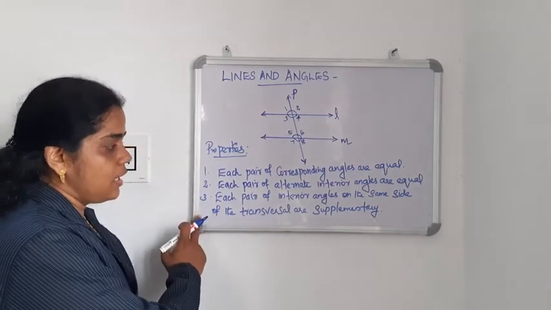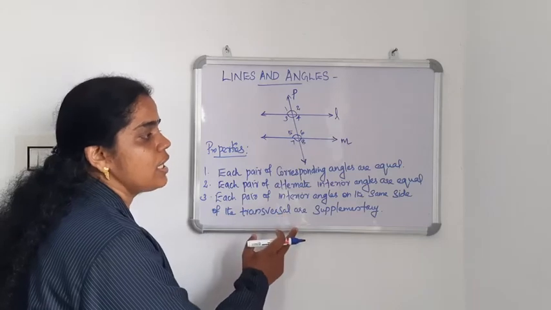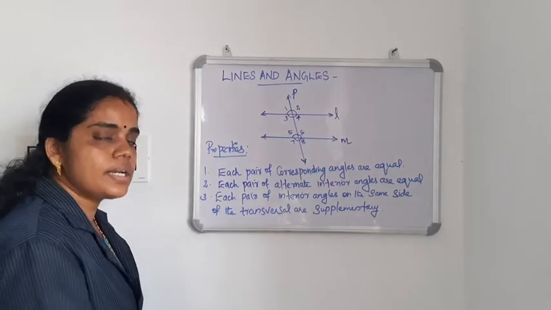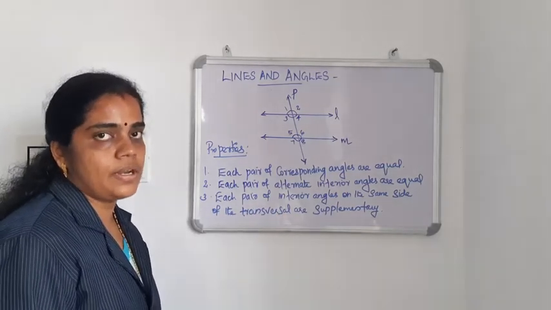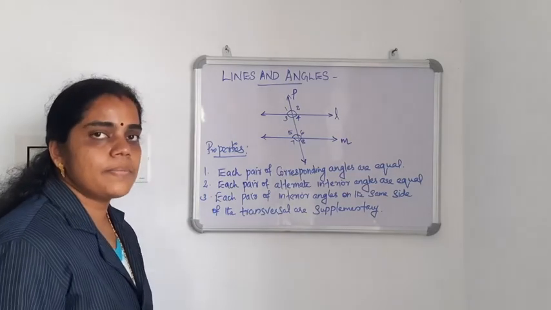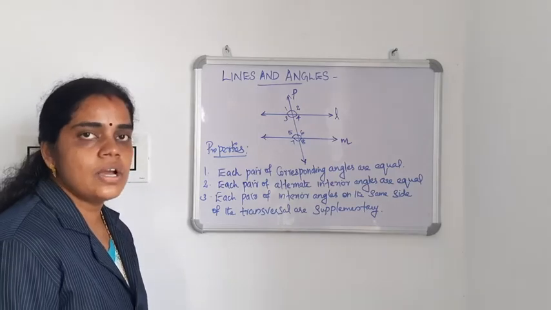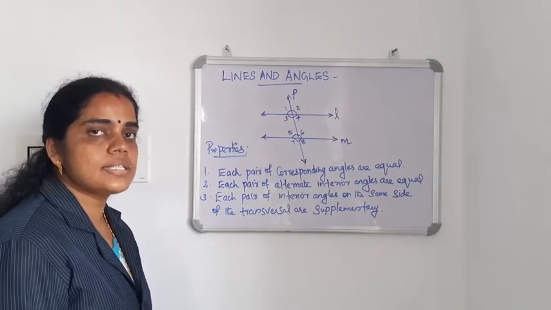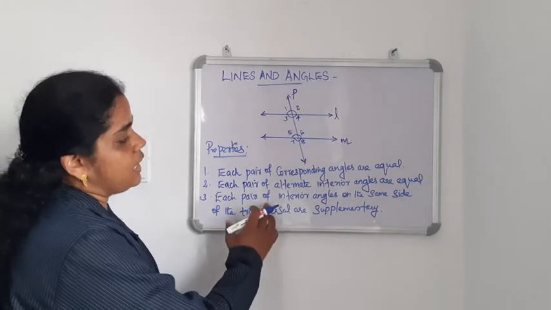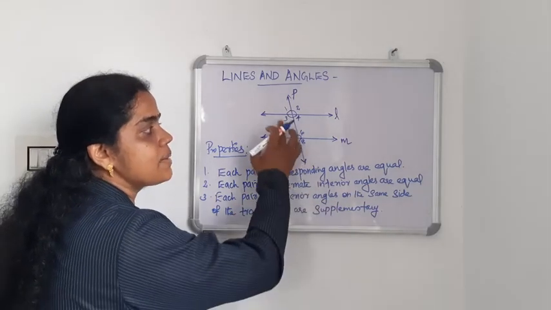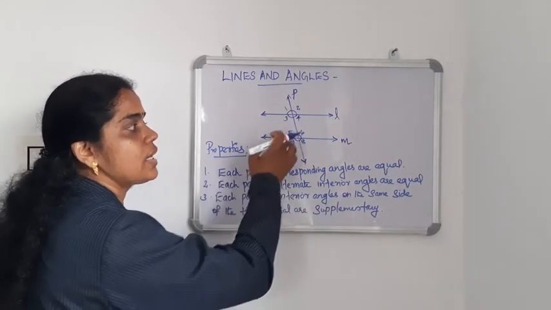Then third property is each pair of interior angles on the same side of the transversal are supplementary. Already we studied what supplementary is. If we add two angles and the sum is 180 degrees, that is known as supplementary angles. So each pair of angles on the same side of the transversal, what are the angles?